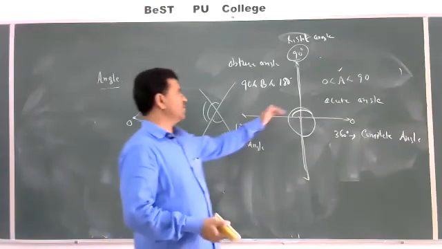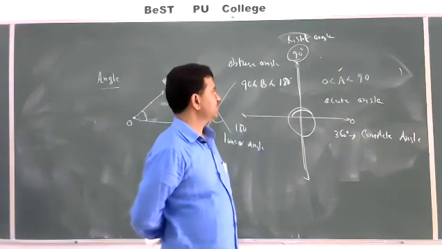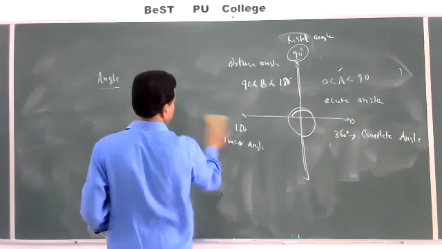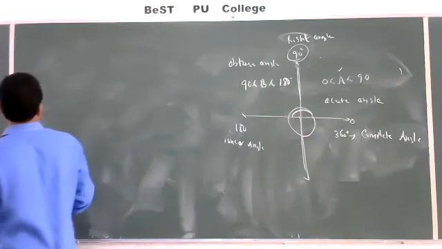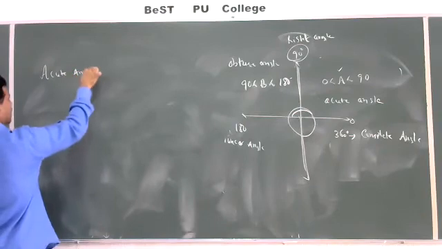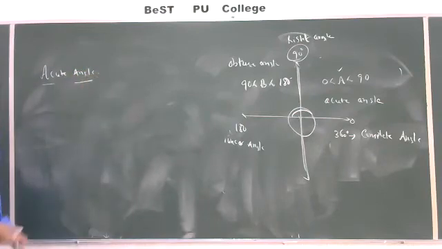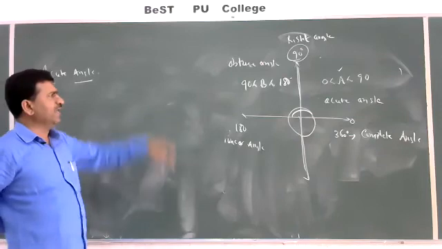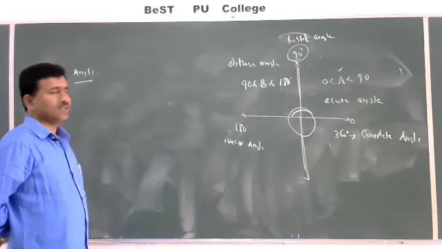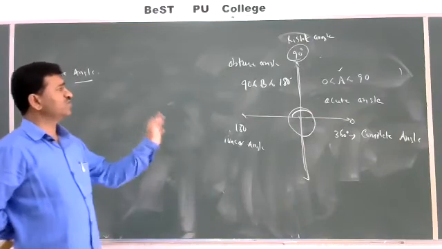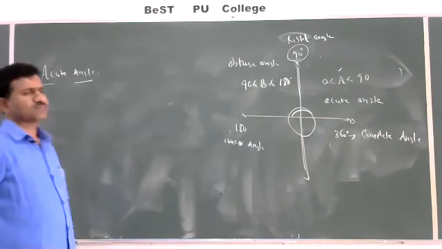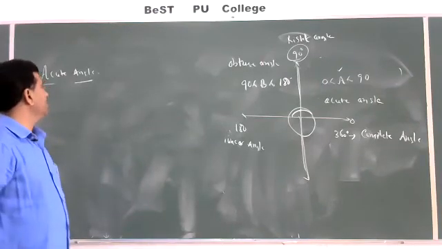Now explain it one by one. Just the first point, acute angle. The measurement of the angle lies between 0 and 90, is called an acute angle.